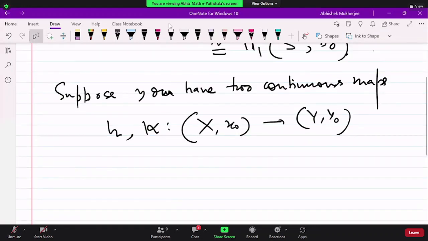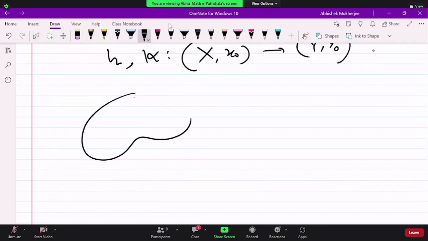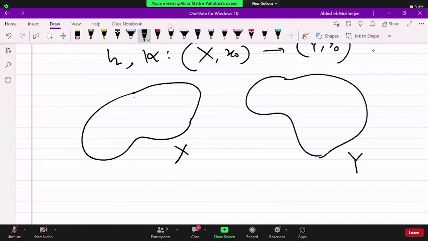And if the image of the base point, so you have this space X and this is your Y. So this is your X naught. So assuming that the image of this base point X naught in X remains fixed at Y naught during the homotopy.